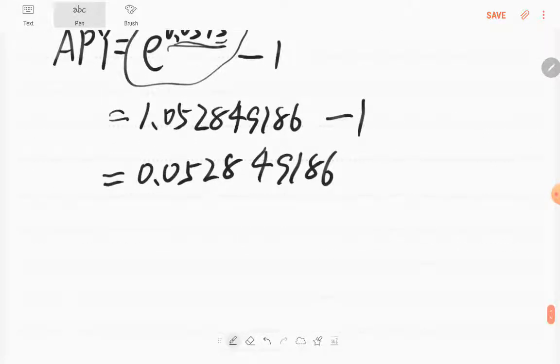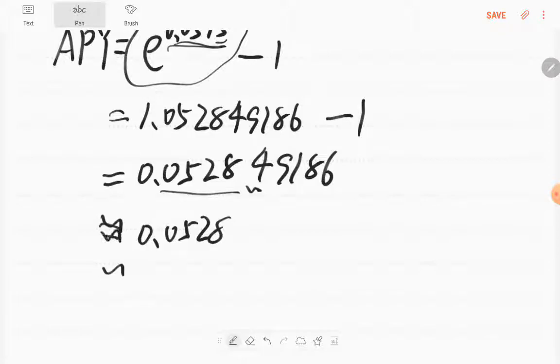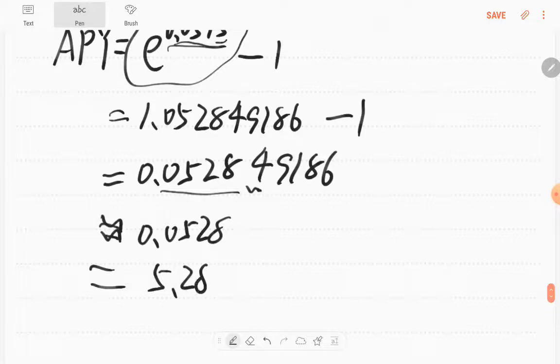If we keep 4 decimals, this would be 0.0528, because the next digit is less than 5. So it's equal to 5.28%. This is the APY.